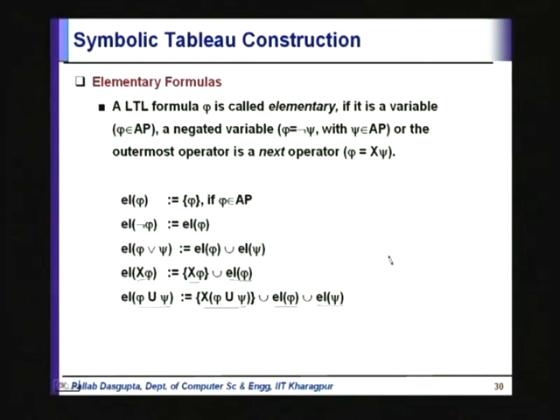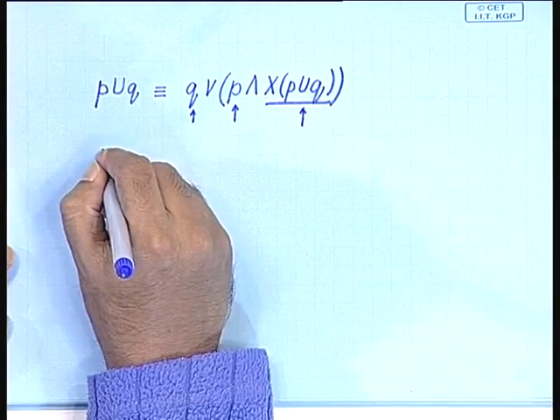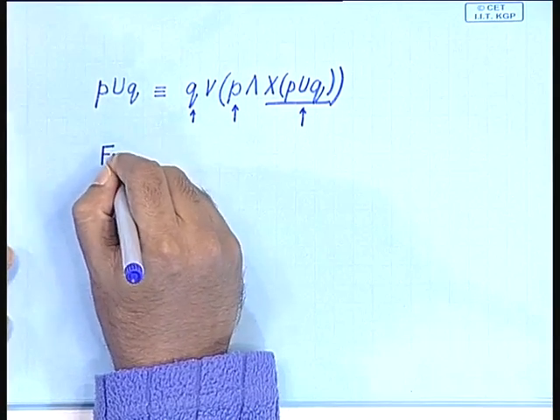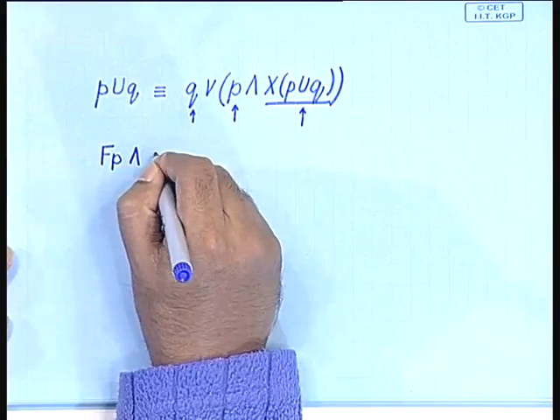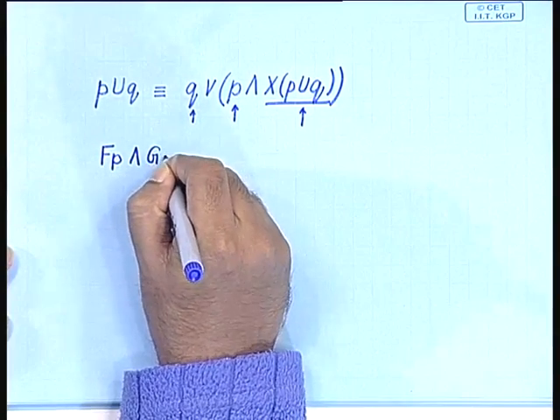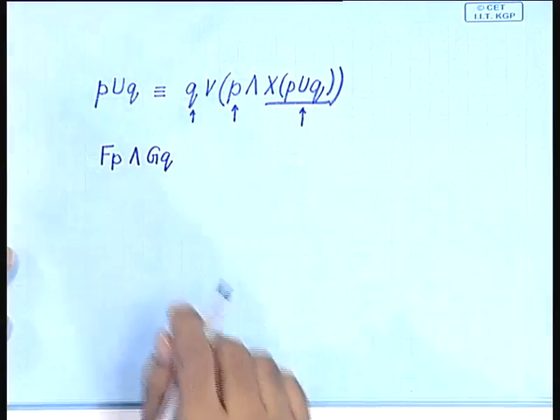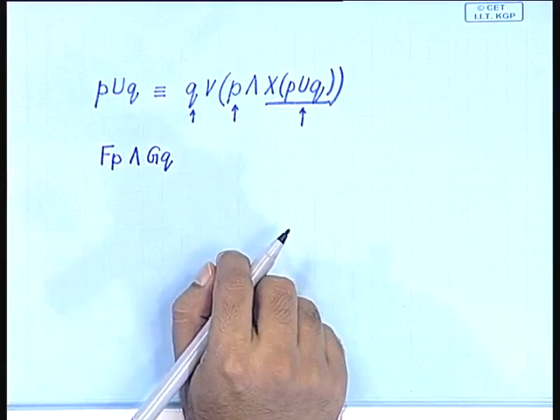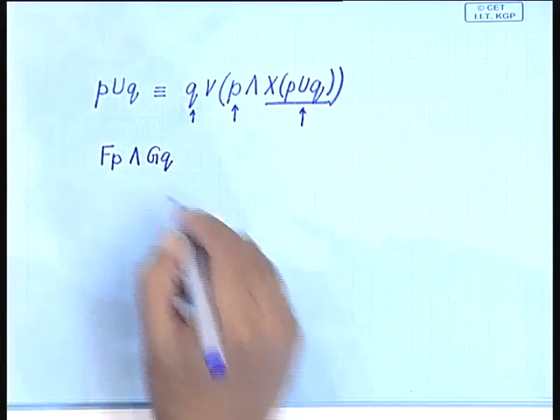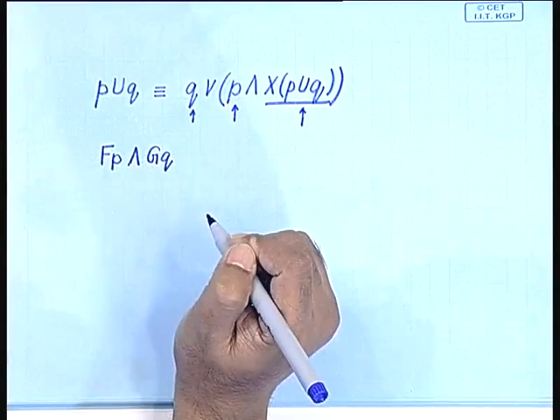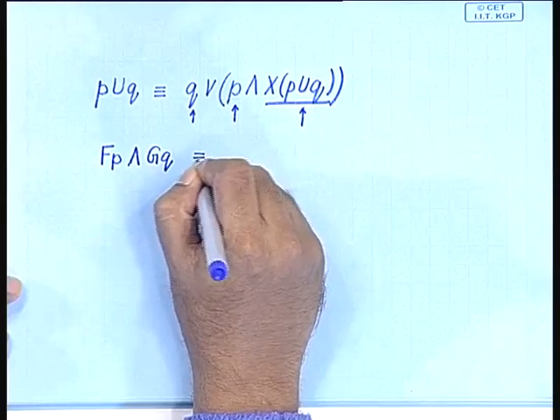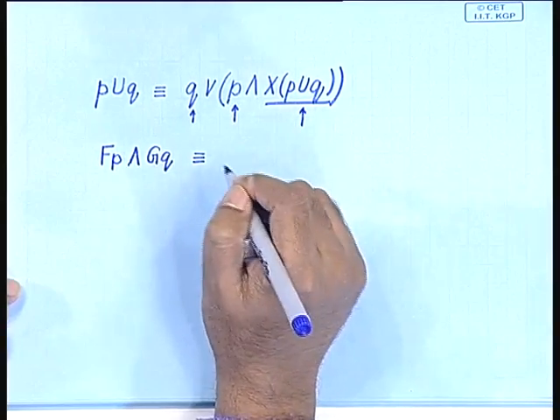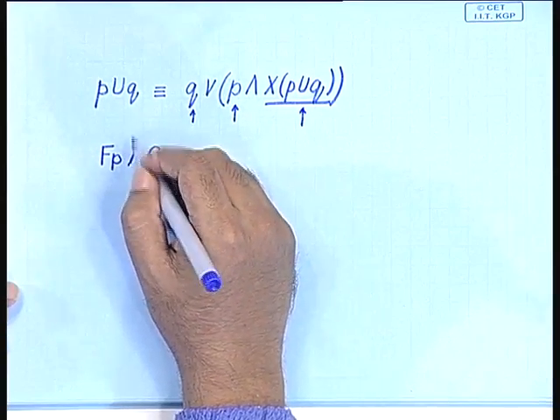So suppose we want to get the elementary subformulas of F p and G q. How are we going to compute that? First of all, let us rewrite this, making this AND into an OR.